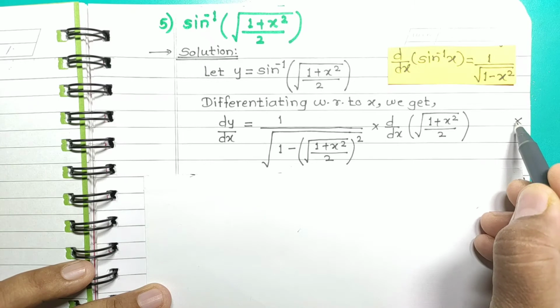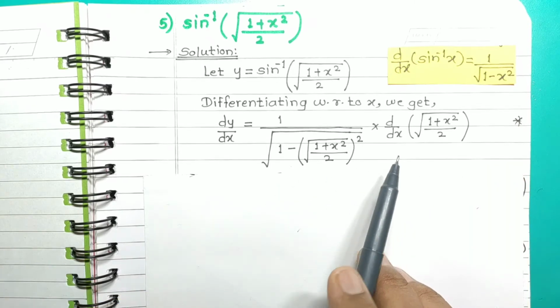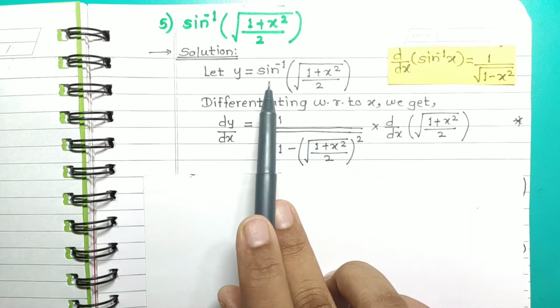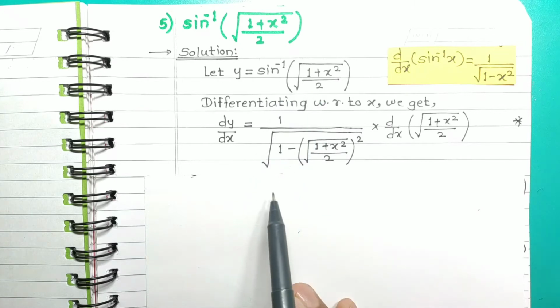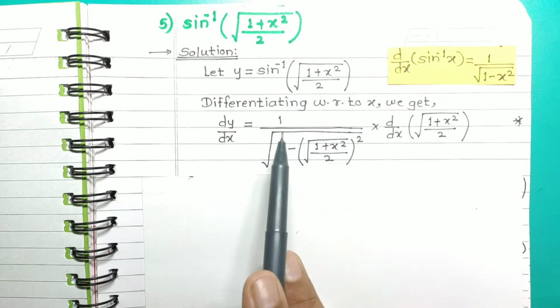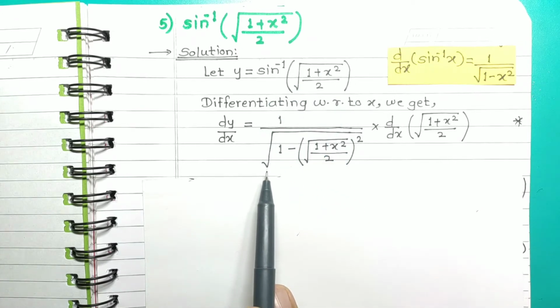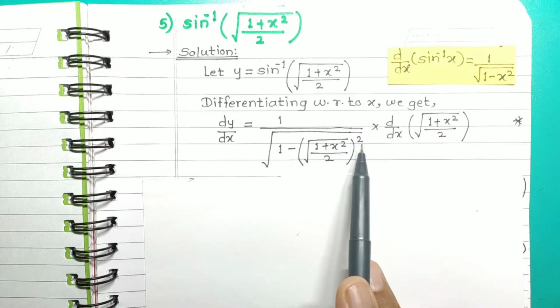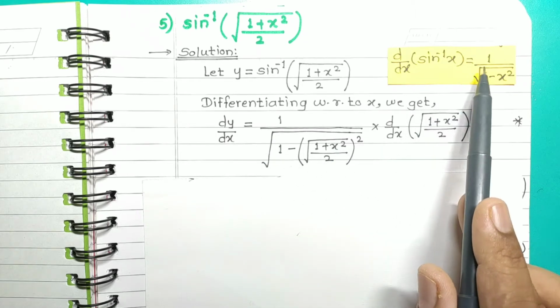Note this step properly. We have used chain rule to write derivative of this composite function. Sine inverse of something, derivative is 1 upon root of 1 minus something square. It is like this standard form.